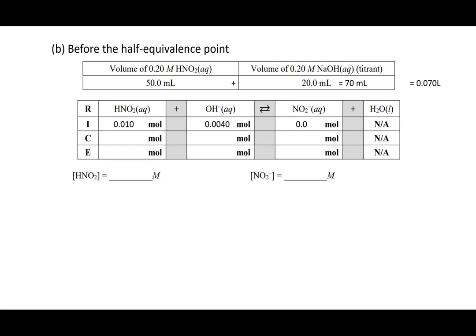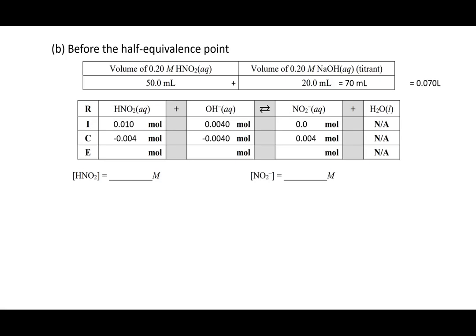All right, now we can look at this and see there's a whole lot more moles of acid than there are moles of base. So from a limiting reagent point of view, it's pretty clear that OH minus is my limiting reagent, and therefore all of it gets consumed in this reaction.